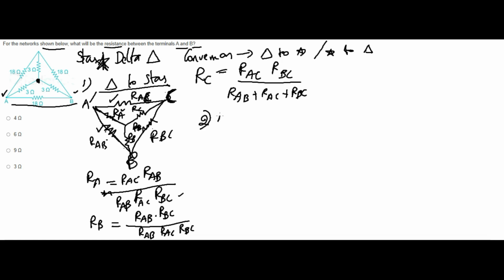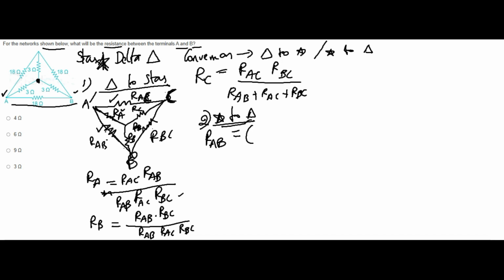Now the next one, star to delta conversion. Star to delta is very simple. The same we have found out for RA, RB, RC. Like this, RAB is equal to, listen here.